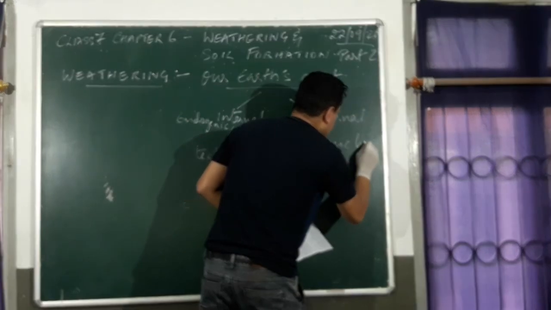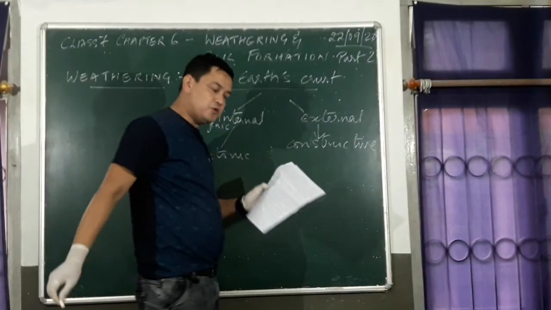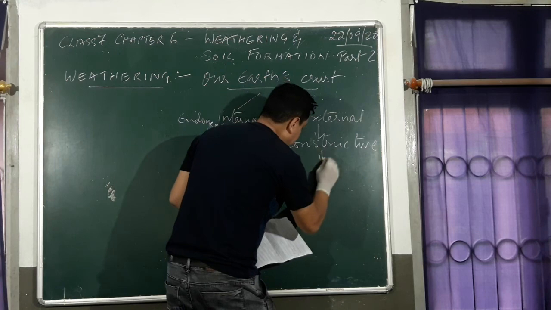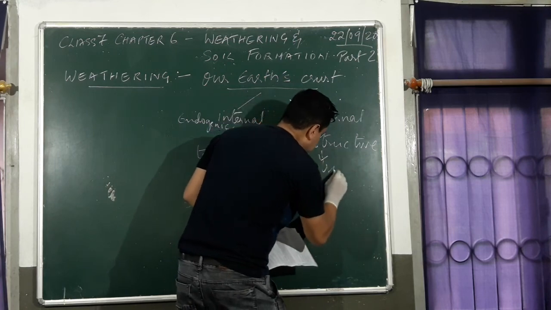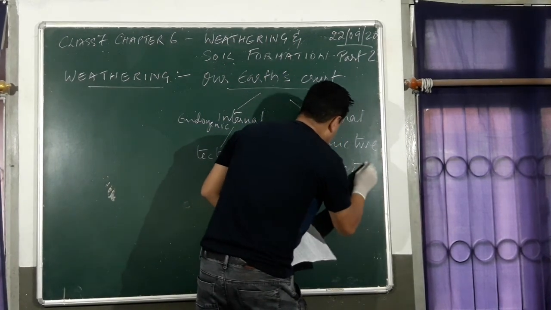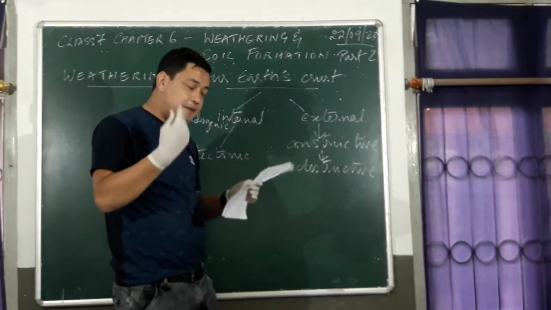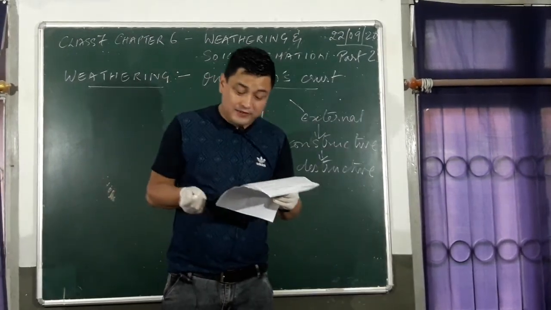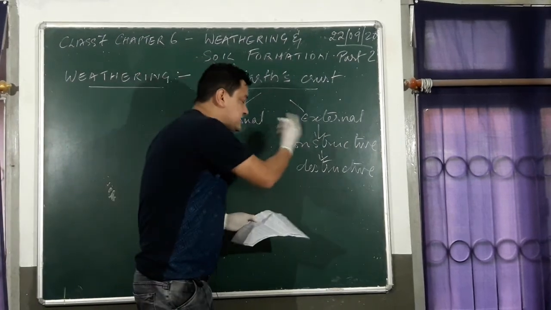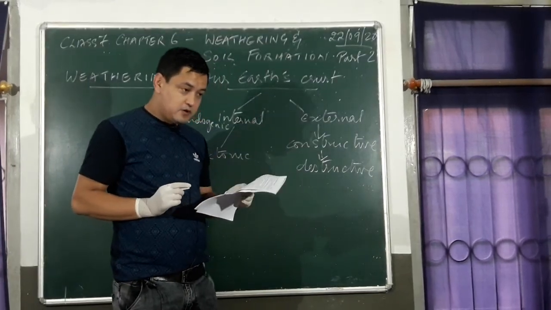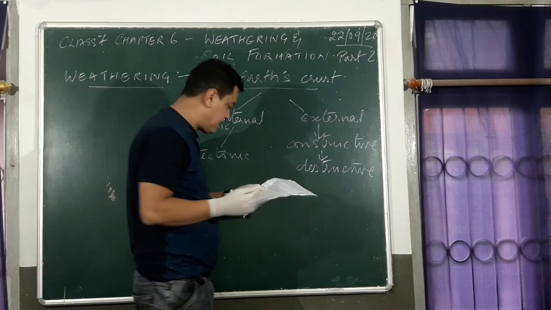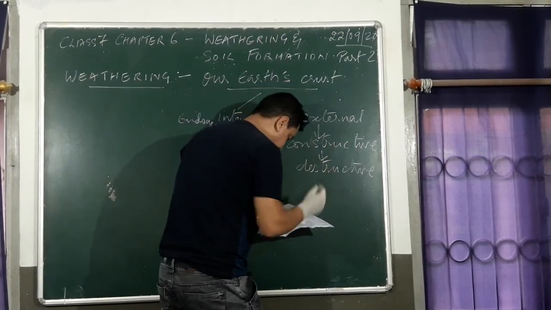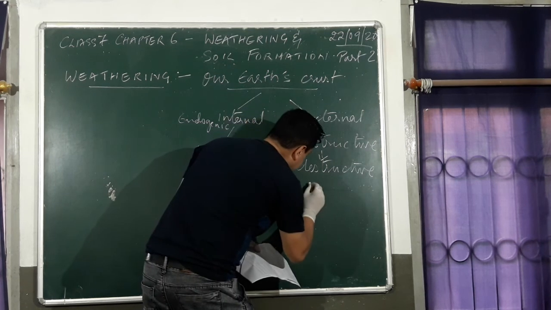Constructive means positive, which basically creates the land, as well as they are also destructive. Destructive means negative. They damage the lands also. So when we are talking about weathering, these are the forces which are working simultaneously, and in these constructive and destructive forces, what you find is denudation.